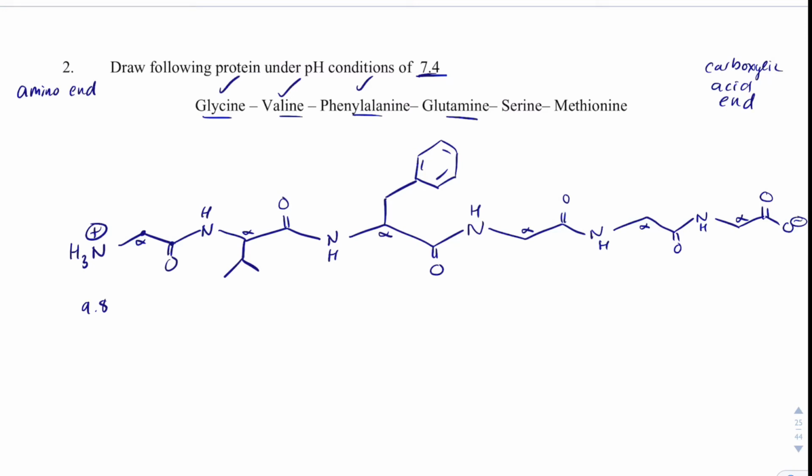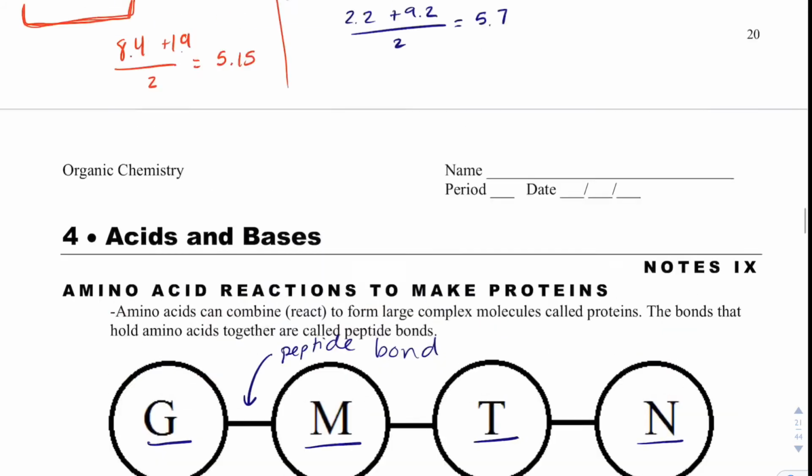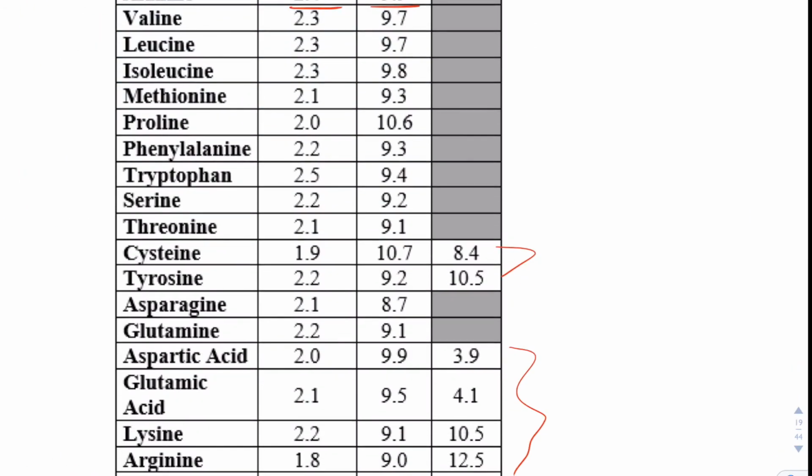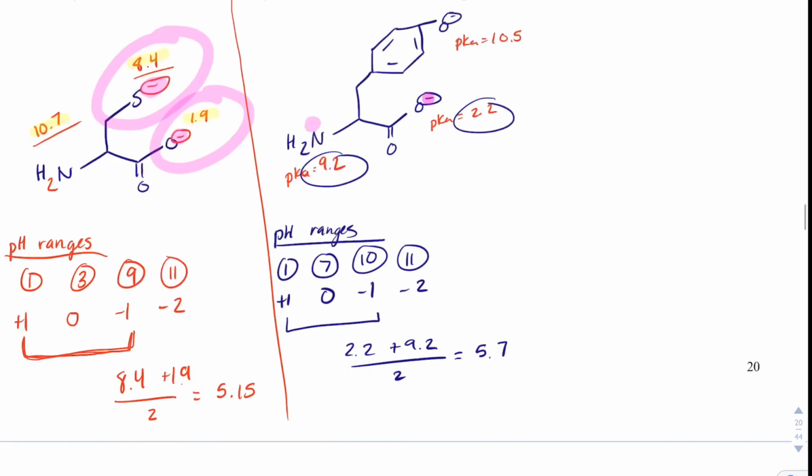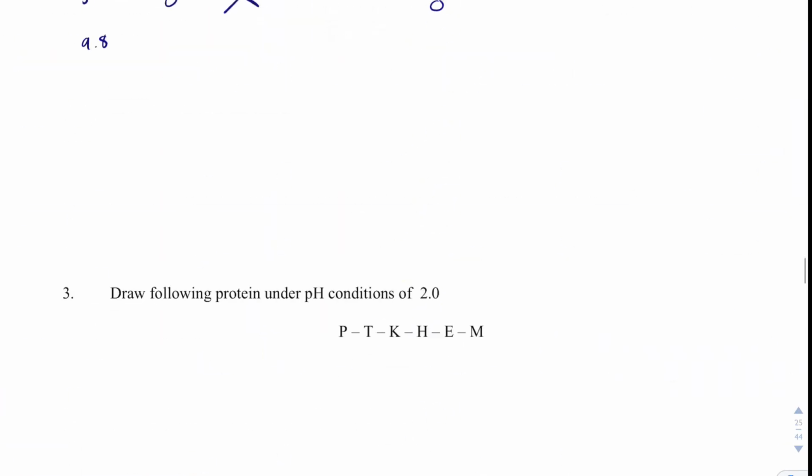Glutamine. Glutamine, I believe, let's go back and look here. Glutamine has 9.1 and 2.2, so we don't have to worry about that.